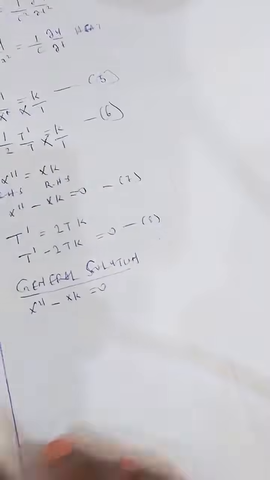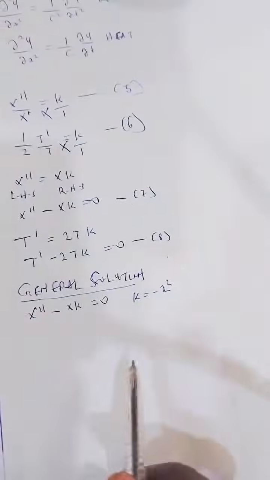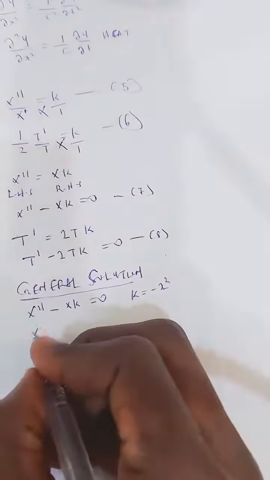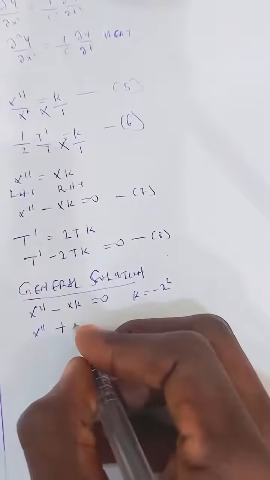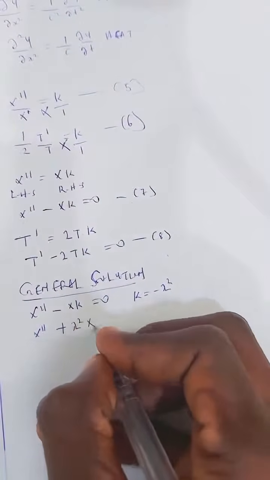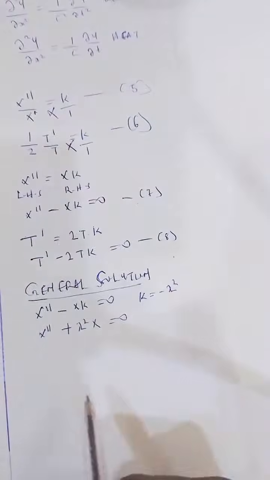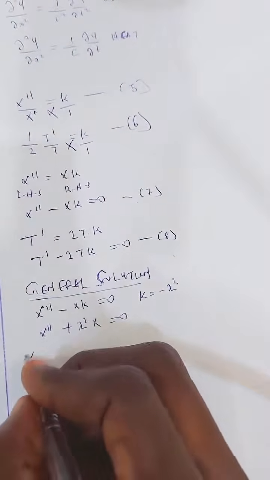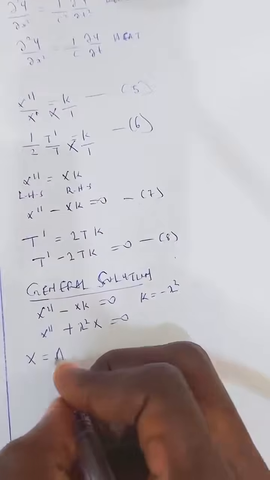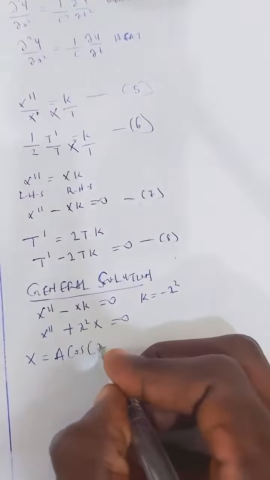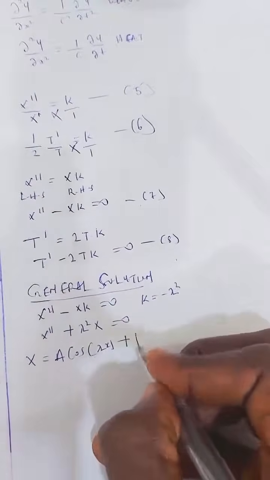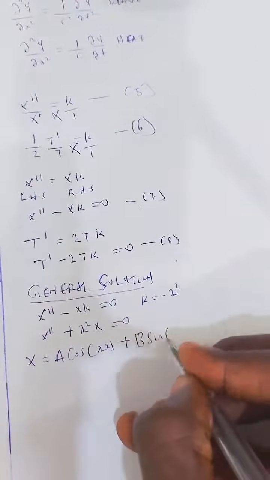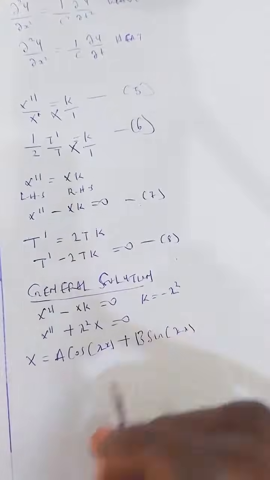So let's substitute k as negative lambda square. By the time you substitute this, it becomes x double prime plus lambda square multiplying x equals 0. So the general solution for this equation is given as x equals a cos(lambda multiplying x) plus b sin(lambda multiplying x).